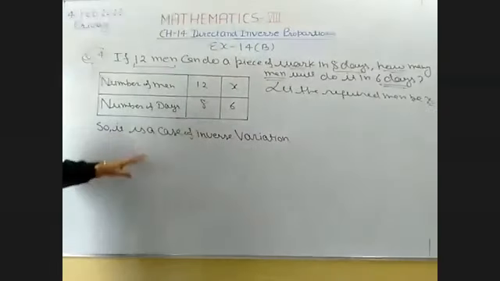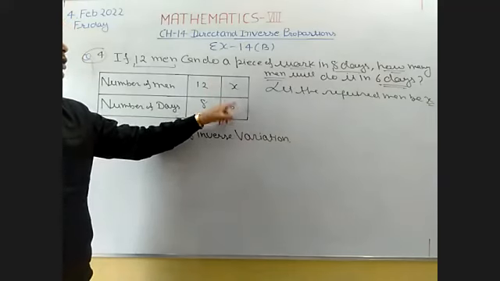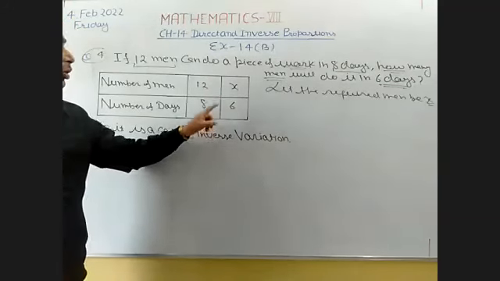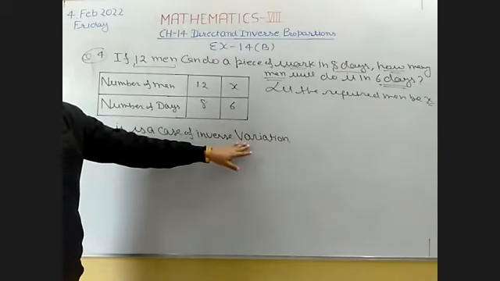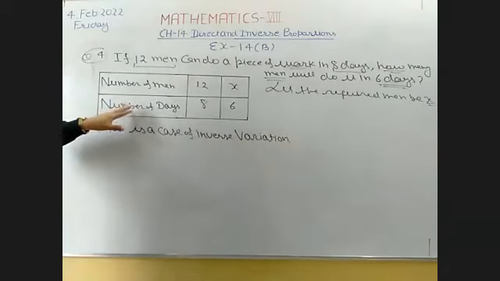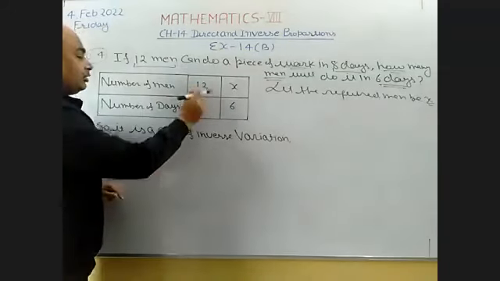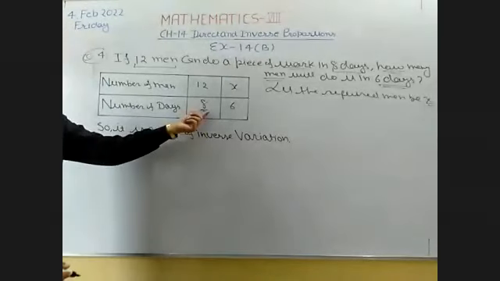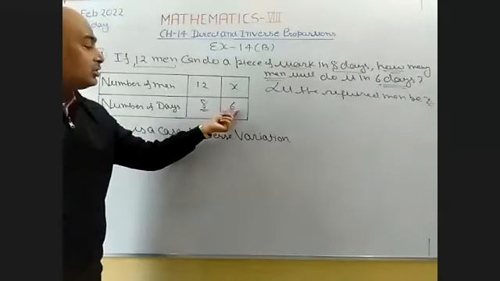Now check whether it is a case of inverse relation or direct relation. It is the case of inverse relation. Why? When we take 12 men, they complete their work in 8 days. Now we want to complete our work in 6 days.